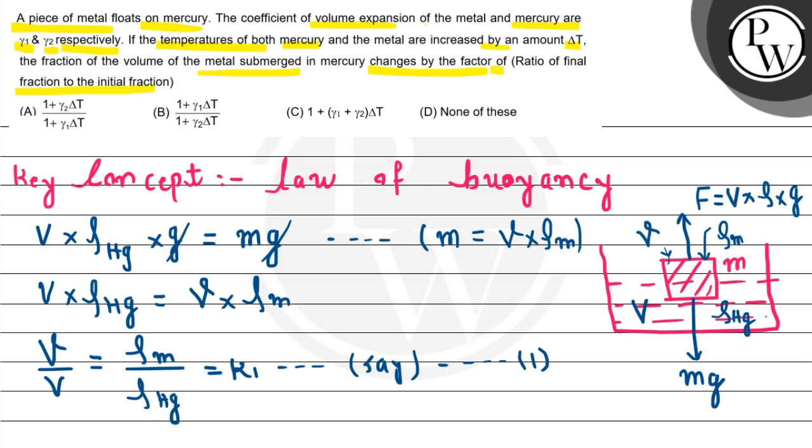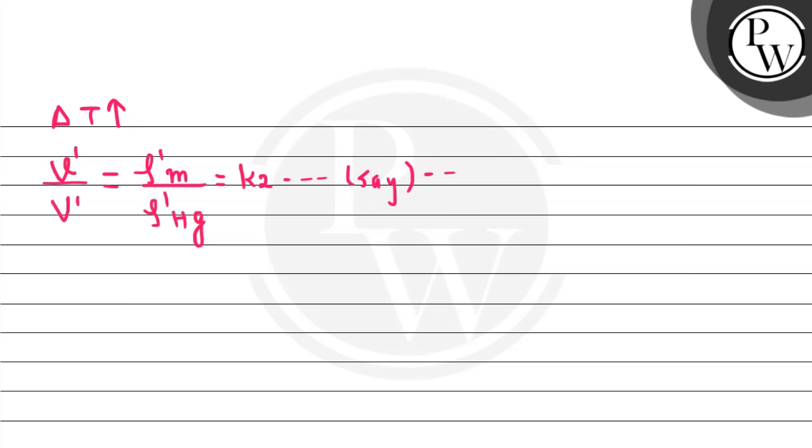Now in the question it is said that the temperatures of both mercury and metal are increased by an amount of delta T. When the temperature is increased by delta T, the new fraction we will form as v dash by capital V dash equals rho dash of m by rho dash of Hg. Let's call this ratio k2, and let's say this is equation number 2.